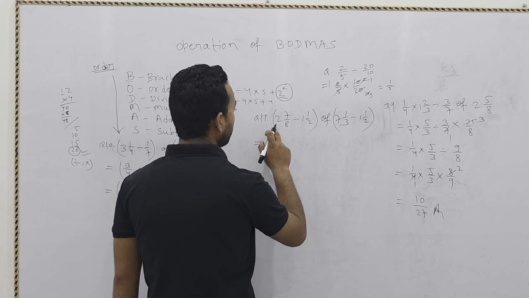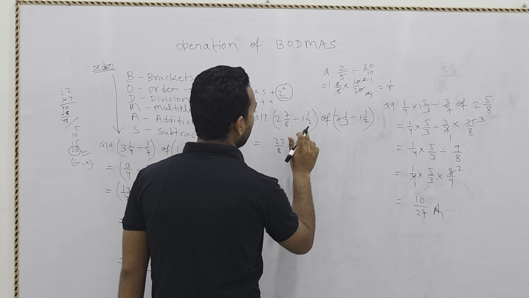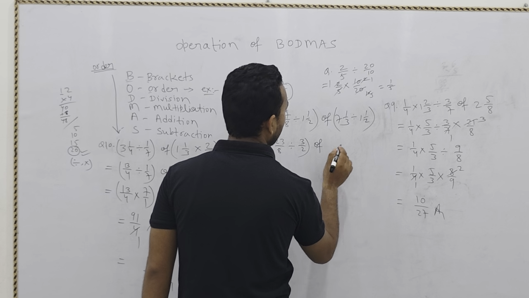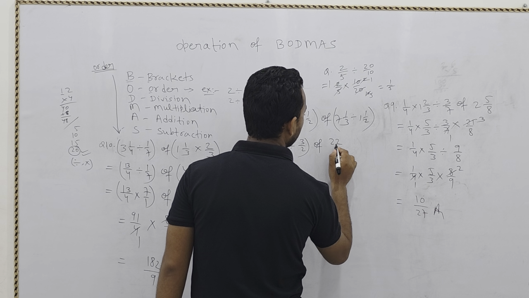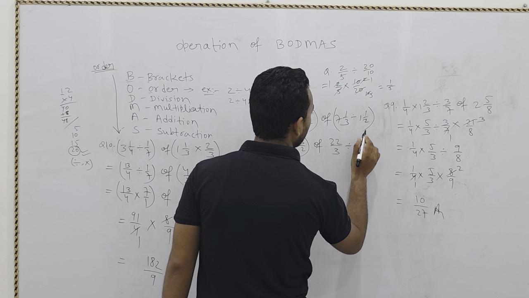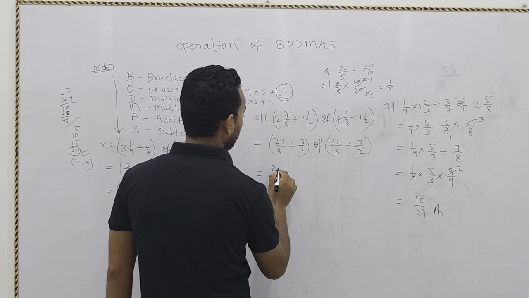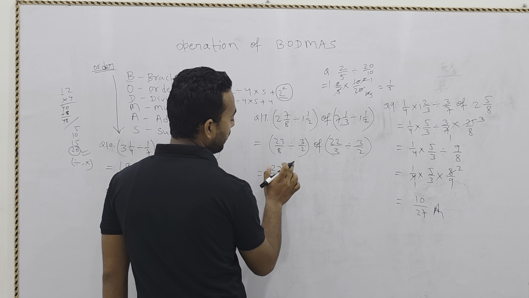8 times 2 is 16, 16 plus 7, 23 by 8, divided by 2 times 1 is 2 plus 1, 3 by 2, of. Again here is a mixed fraction: 3 times 7 is 21, plus 1, 22 by 3, divided by 2 times 1 is 2 plus 1. Now 23 by 8 multiply, we will convert here divide into multiply.